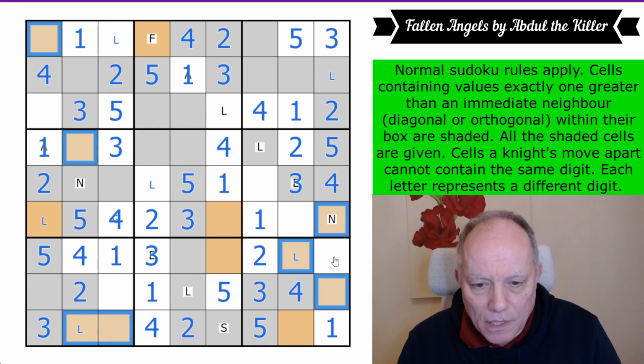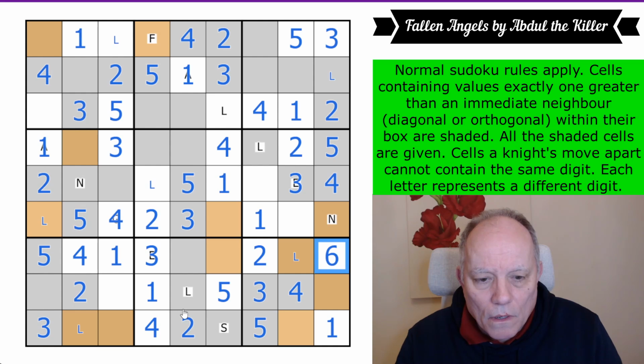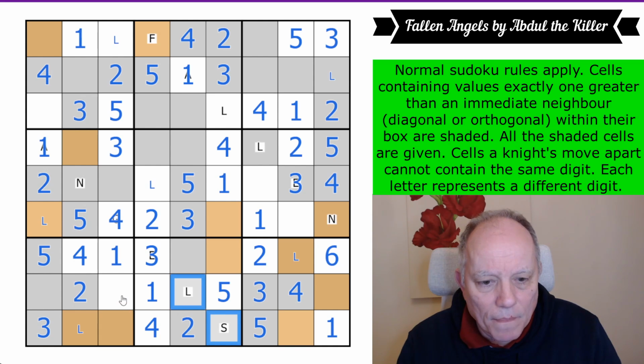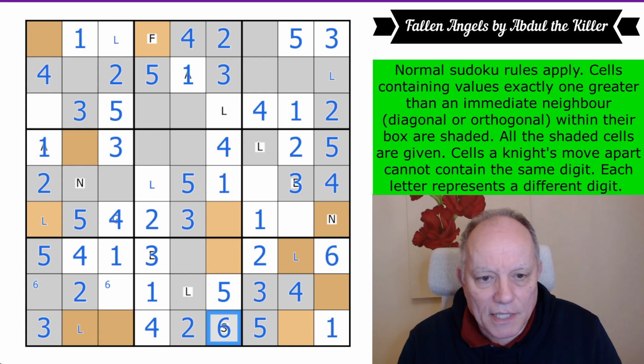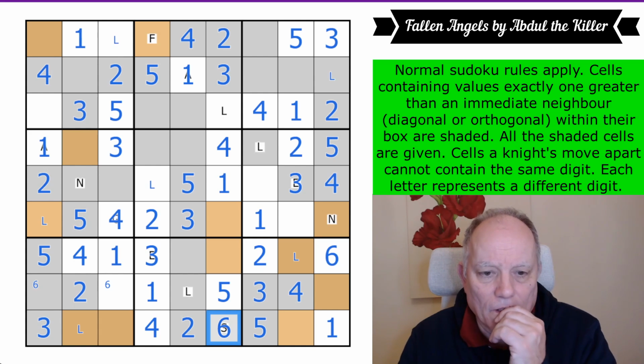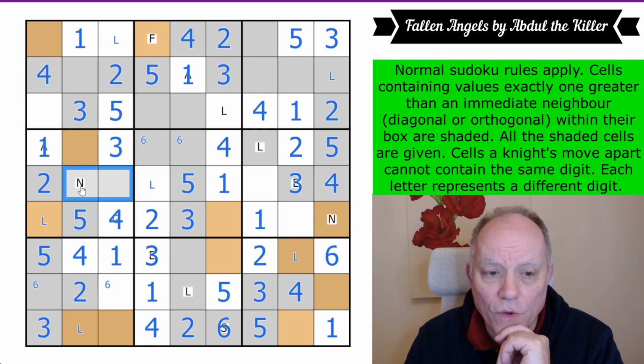Now in box 9 we can place 6. It's got to be here. I don't know. 6 is L or S. No, it's not. It's in one of those 2 cells in box 7. So 6 is S. It's not L, so one of those is 6. One of those, it's not N though, so it's there.